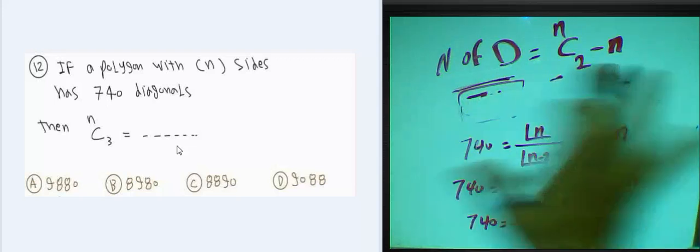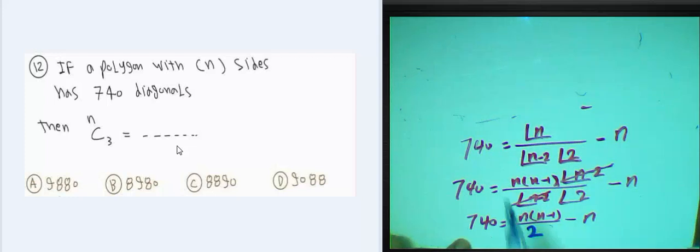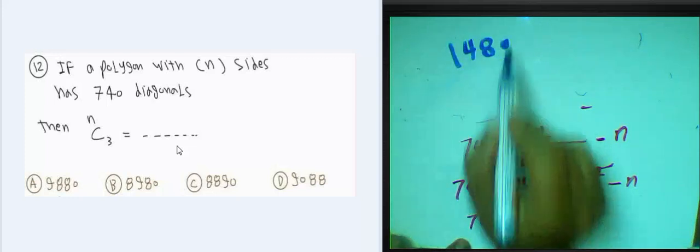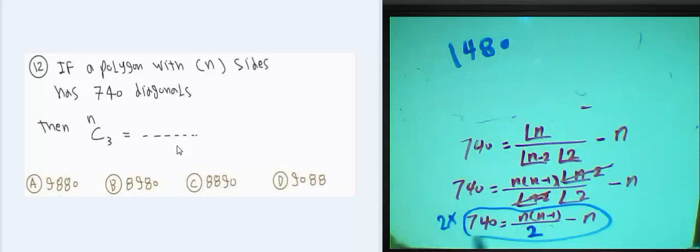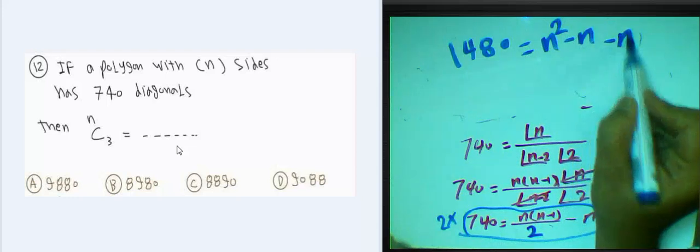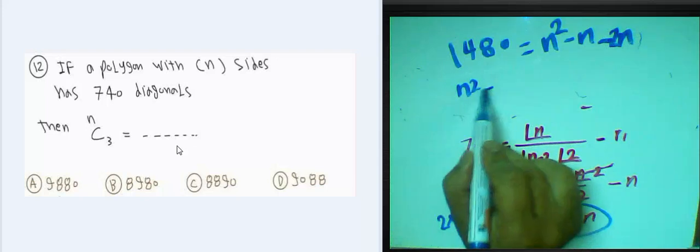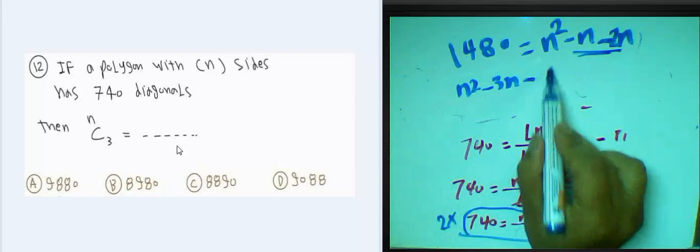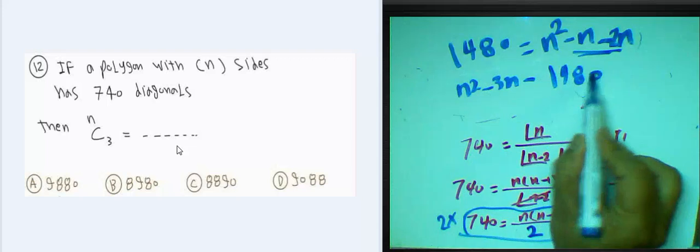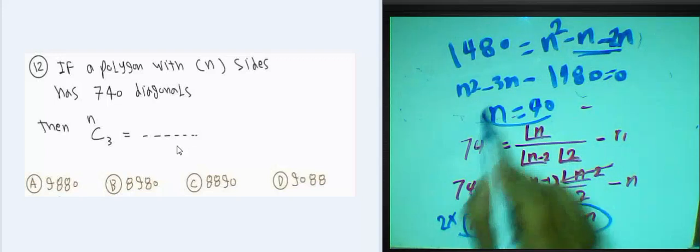Multiply all terms by 2: 2 times 740 is 1480, and n times n minus 1 becomes n squared minus n, minus 2n. Then n squared minus 3n minus 1480 equals 0. You can use the equation solver on your calculator, then n equals 40.